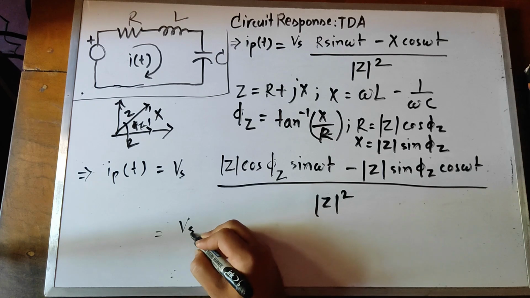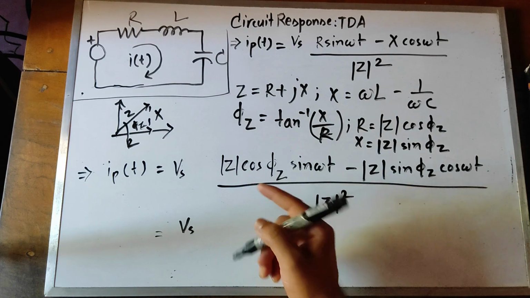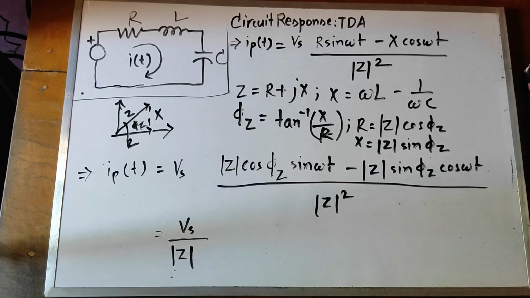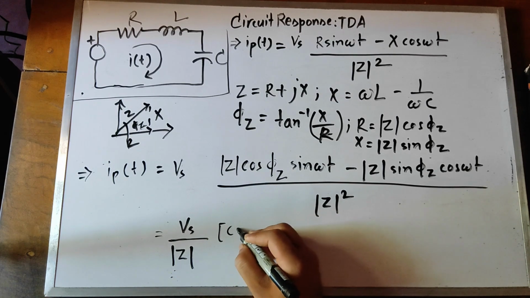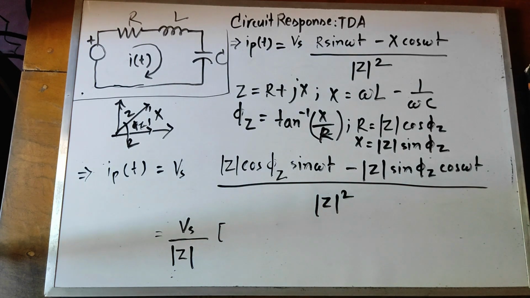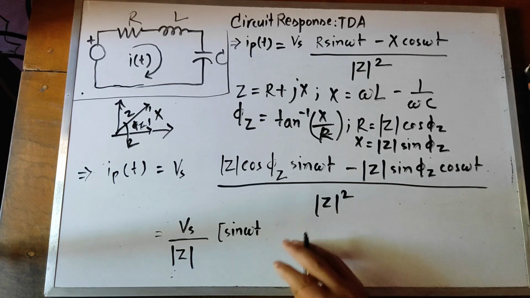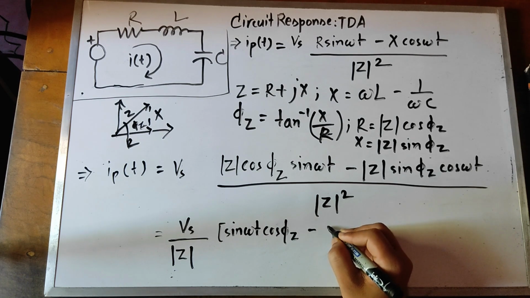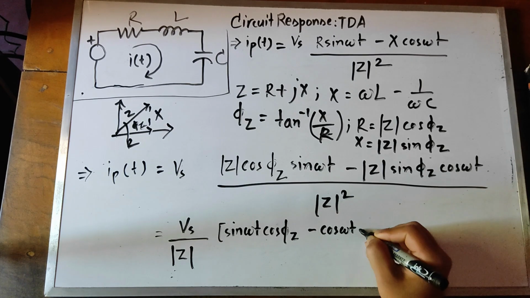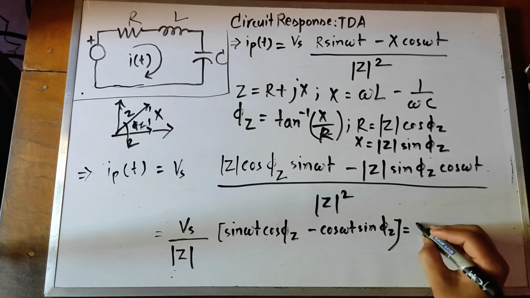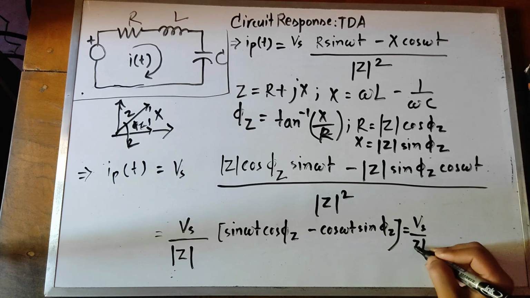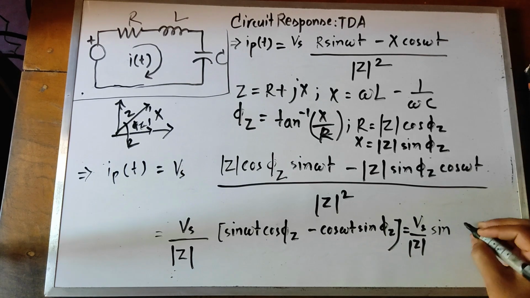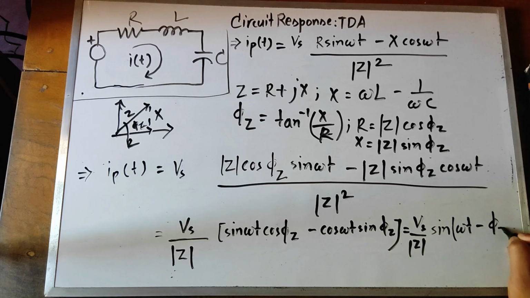Now I'm left with V. If I take the magnitude Z common from the numerator, it will leave me with only Z, and I have sine omega t cos phi z minus cos omega t sin phi z, which will eventually give me Vs by Z, and by the trigonometric identity this will be sine omega t minus phi z.